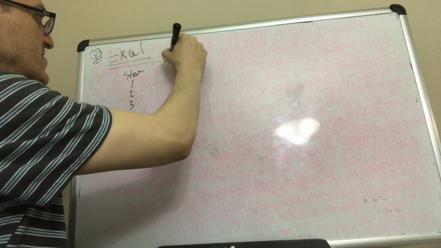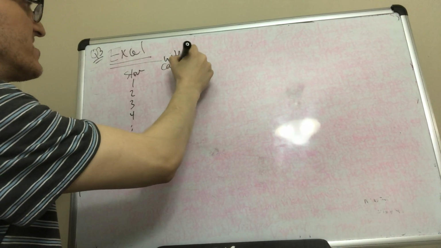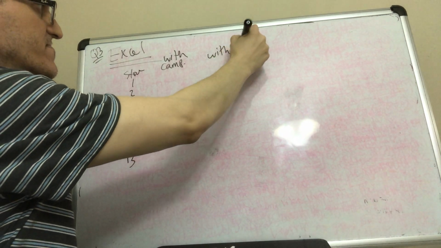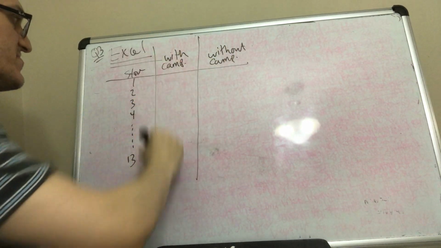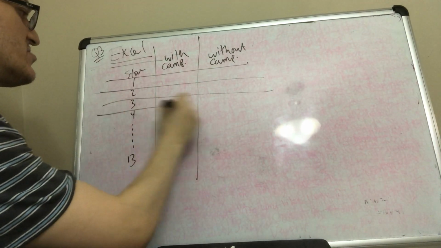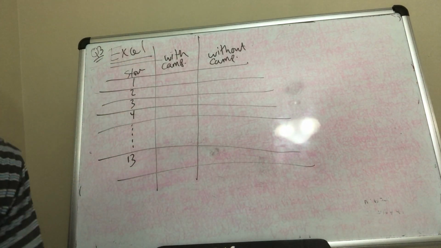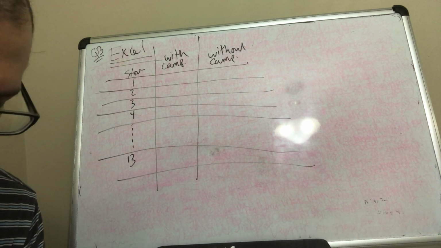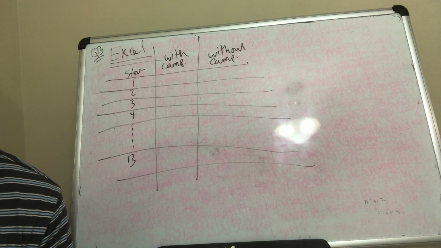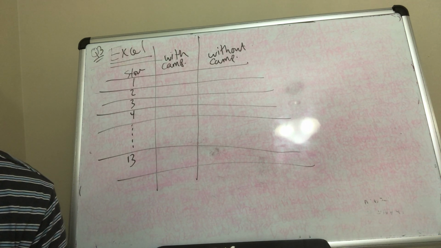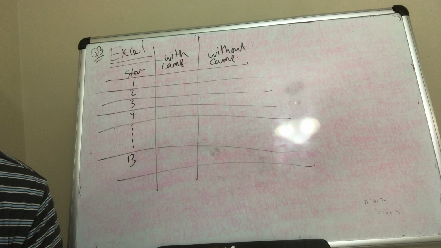You have with campaign and you have the without campaign. And you have the numbers for all of them. So if you don't do this using Excel, you actually have to do this part. You just copy down or you can print it from Excel. And remember, these are sales items, the average weekly sales.